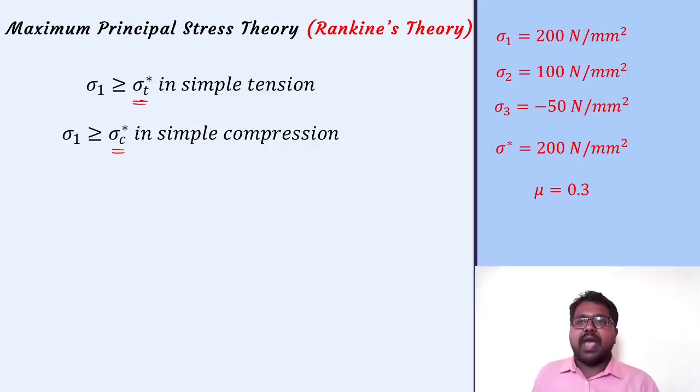So here we have the value of sigma 1 as 200 Newton per mm square, and in simple tension, we have sigma T star as 200 Newton per mm square.